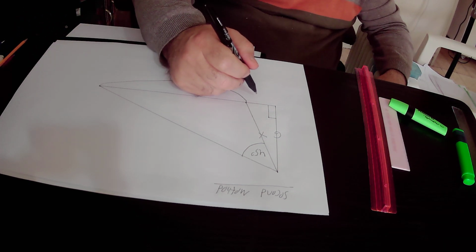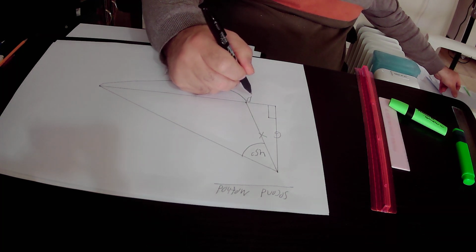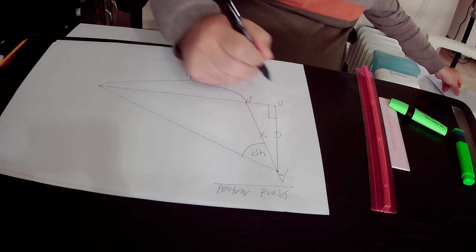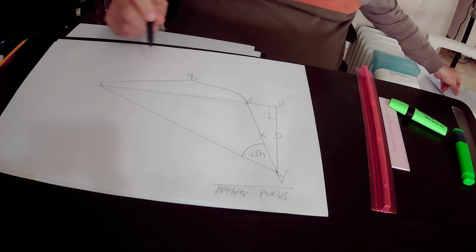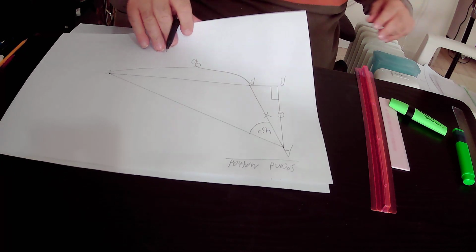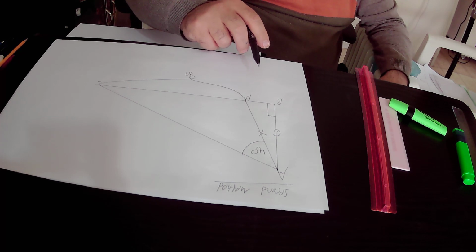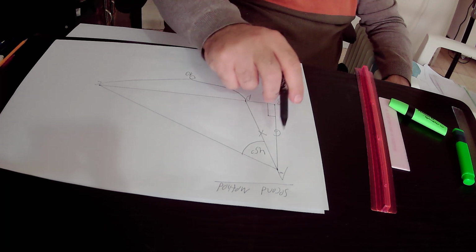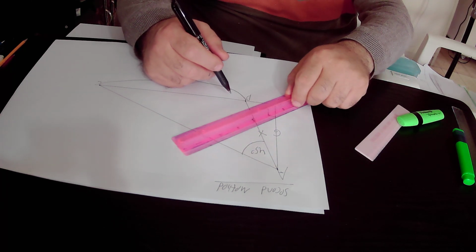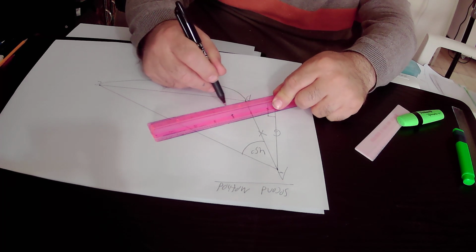This is point D. This is A, B, and this is C. From point D, we will do a straight line on AC in such a way that the angle that will be created will be equal to 45 degrees.